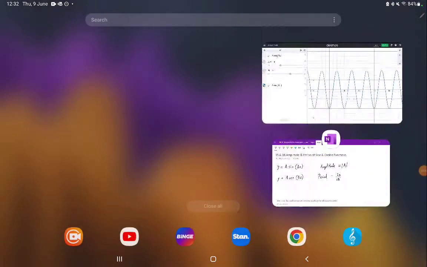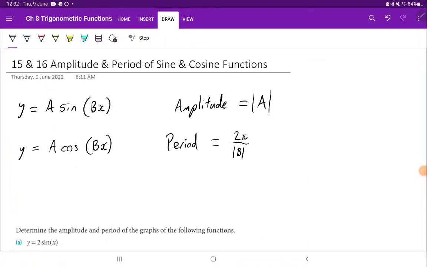Now, there's some other things that we can go through. So let's just remind ourselves, the period is how long it takes to repeat, and the amplitude is how far up and down the max and min are.